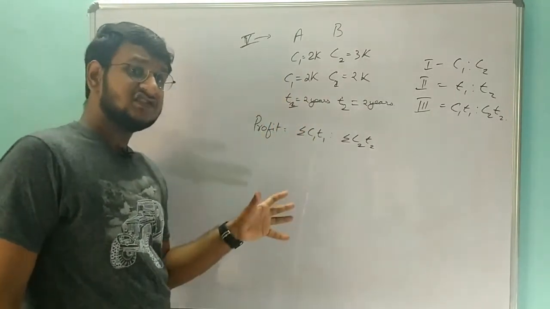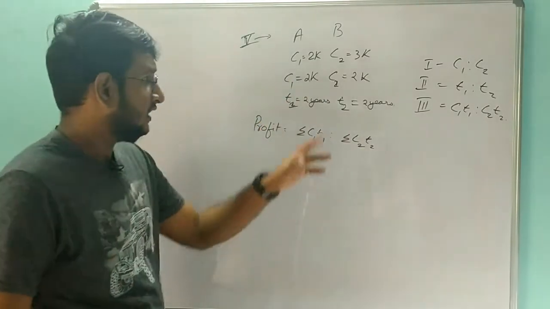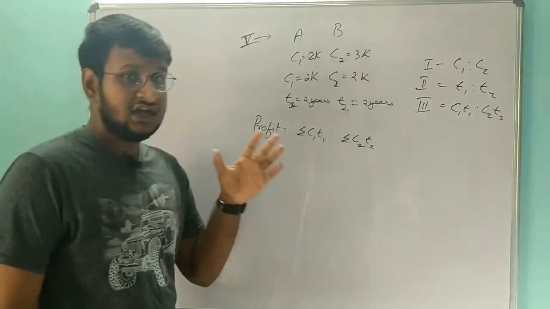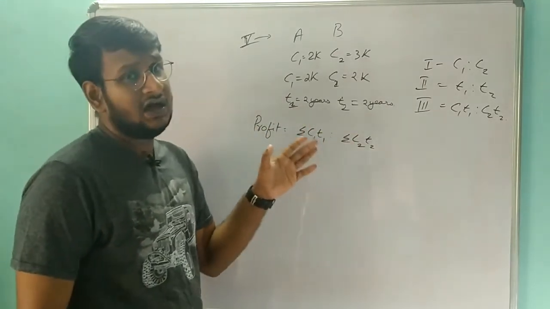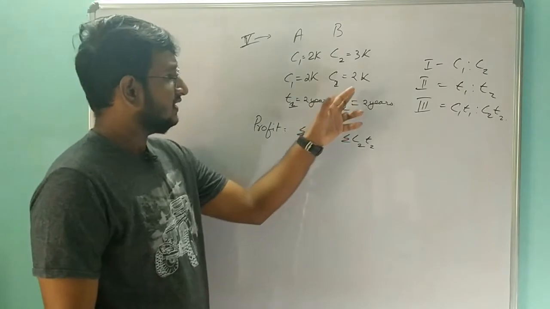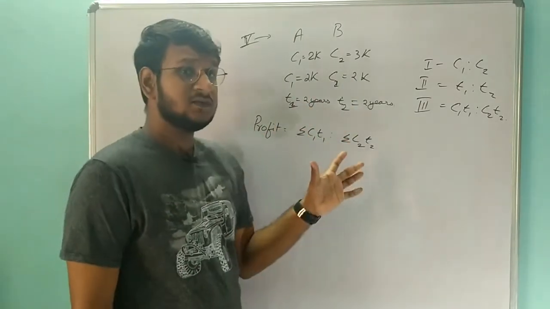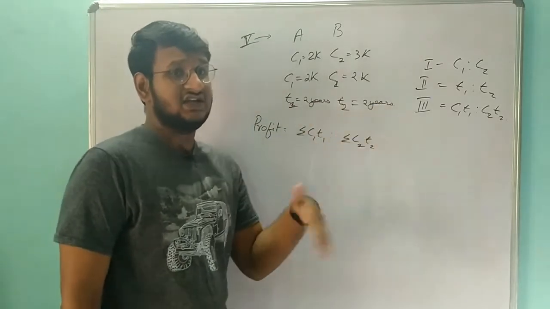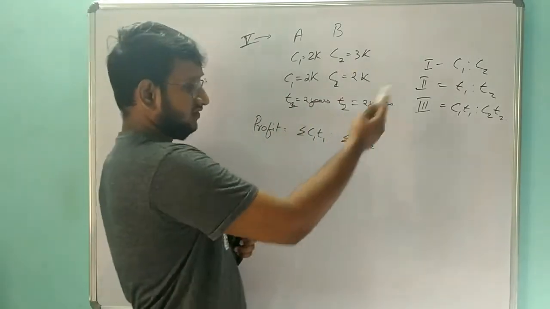So the total investment will become 4k, right? In this case, at the end of the first year he will be investing only 3k, but in the second year he has invested 2k again, so 2k more. So the total investment will become 5k, right? So we are adding that investment again.